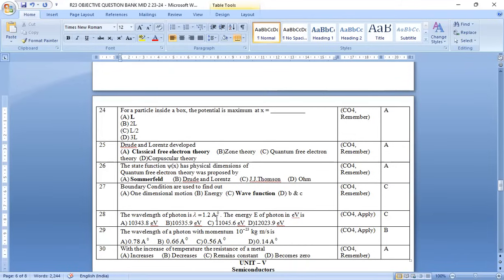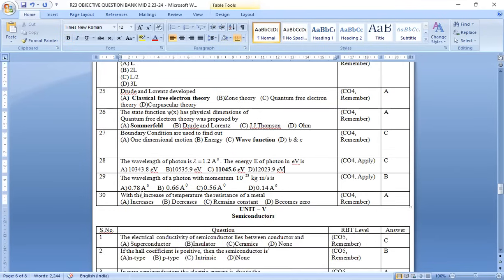The wavelength of a photon of lambda 1.2 angstrom, the energy of photon in electron volts is given by, you can just practice it. Option C. The wavelength of a photon with momentum 10 power minus 23 kg meter per second is option B.